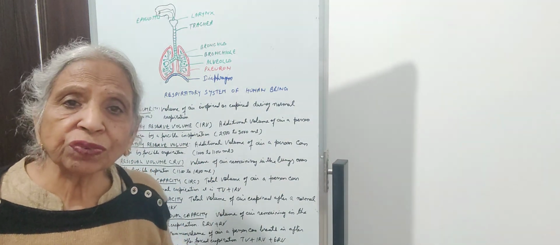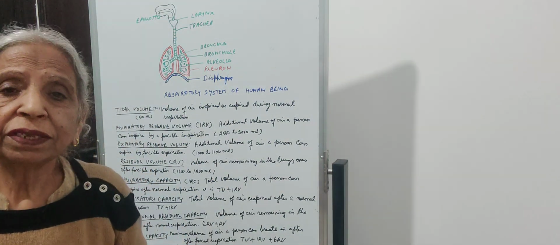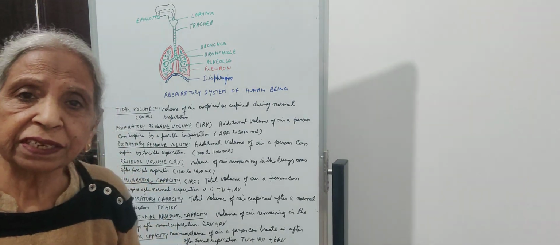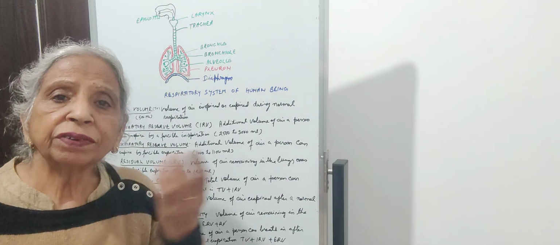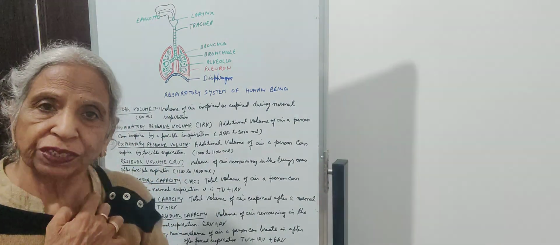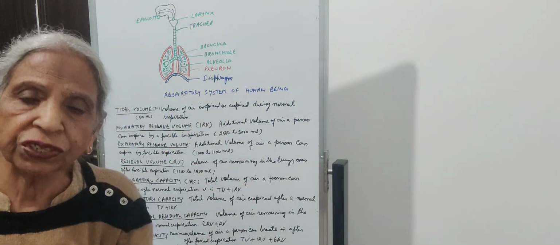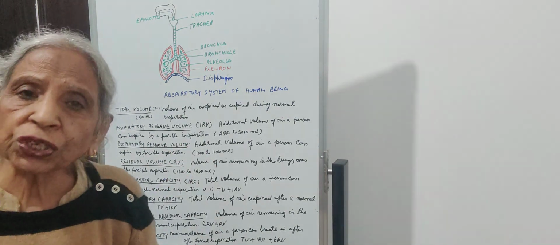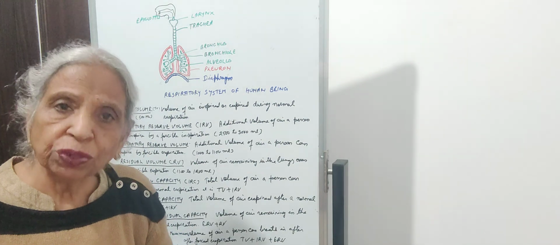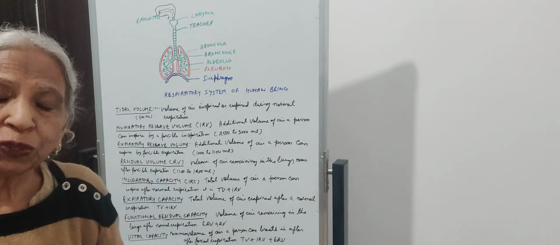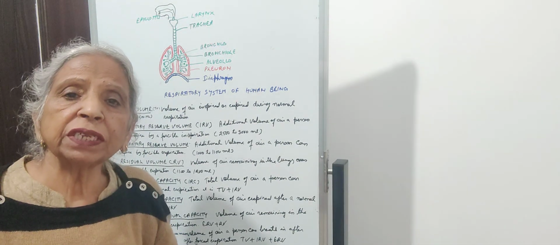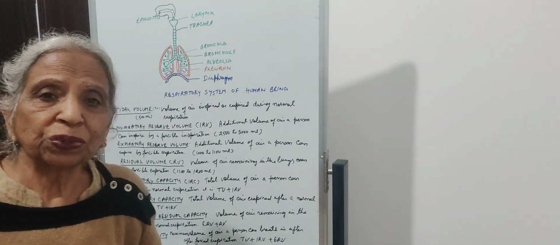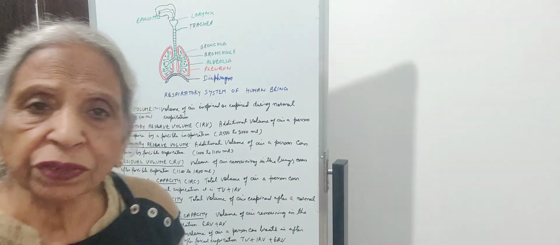When the concentration of oxygen inside the lung is less, there is negative pressure inside the lung, and oxygen will be taken in from the atmosphere, following the law of diffusion. And when the concentration of carbon dioxide inside the lung, in the alveoli, is more than in the atmosphere, the carbon dioxide will be forced out. So it simply follows the law of concentration.